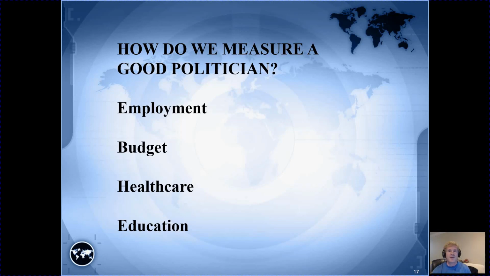So, how do we measure a good politician? How do we do it? Do we simply say, universally, I like all Republicans, or I like all Democrats? Or do you actually have some kind of critical thinking process to determine how you are going to vote?